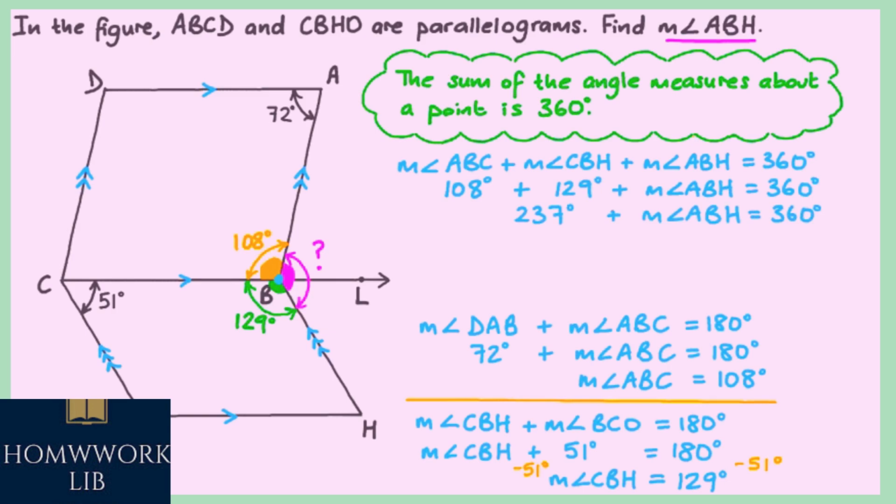We can simplify the left-hand side to give 237 degrees plus the measure of angle ABH equals 360 degrees. And subtracting 237 degrees from both sides, we have the answer that the measure of angle ABH is 123 degrees.